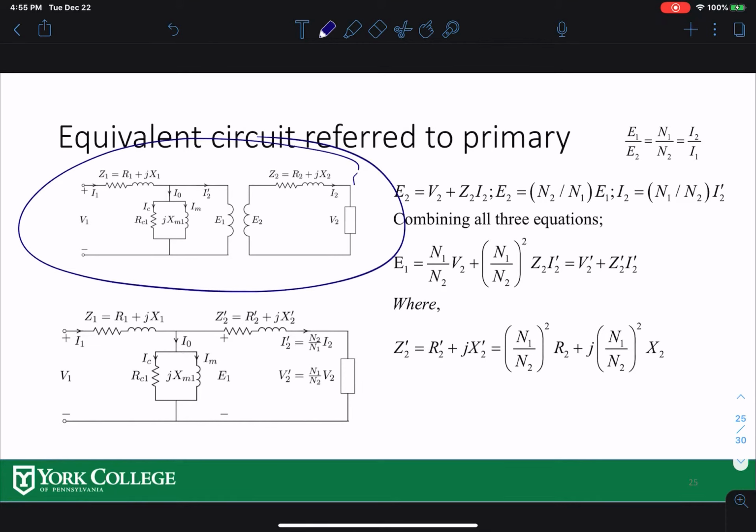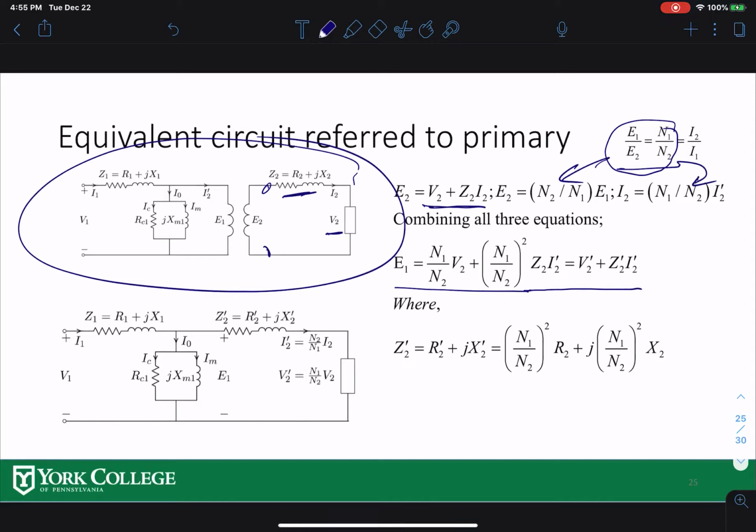Now you also have this equation here, and in the secondary, if you look at this voltage over here, it should be this voltage plus the loss over here, this equation right here. And this part of the equation over here can be changed like that. And the current relation also goes like that. So there are three equations for the transformer. Now, if I combine these three equations together, I'll get to this equation over here.